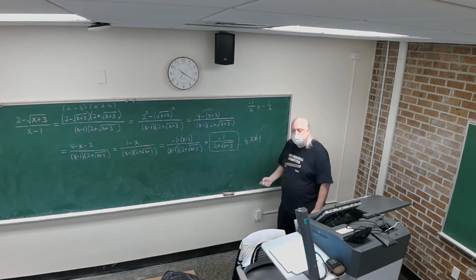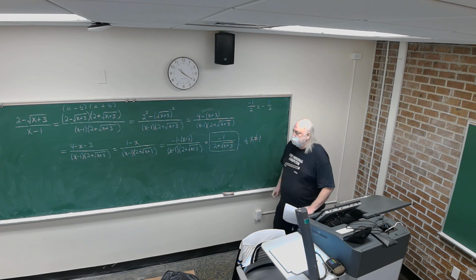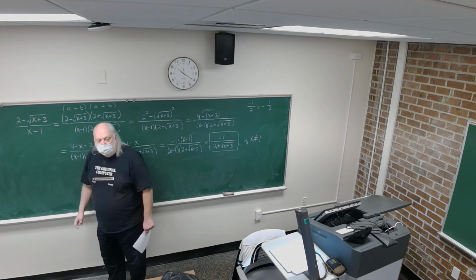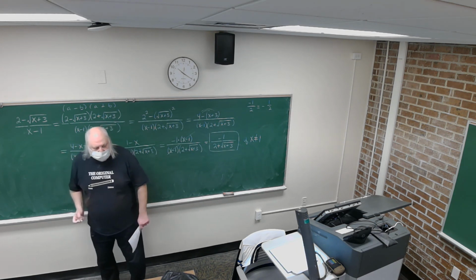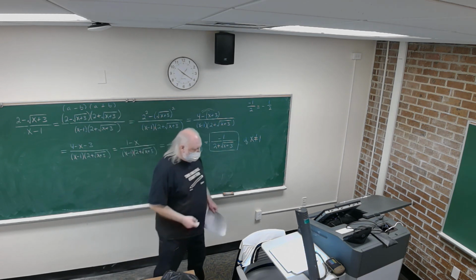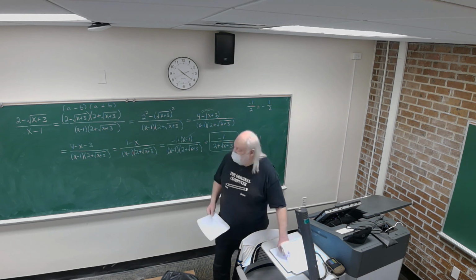I don't think you have to write it in WebAssign, and you won't have to write it on a quiz for now. I'm just trying to get you thinking about the domain of a function. If our function was f of x equal to this, 1 is not in the domain of the function because you would end up dividing by 0, and you can't divide by 0. Ever.